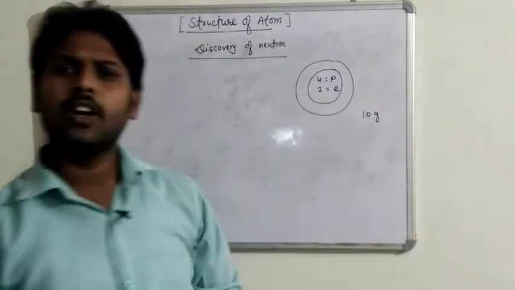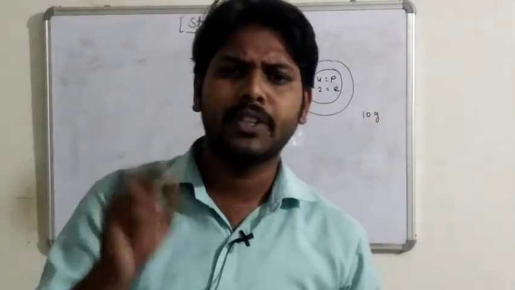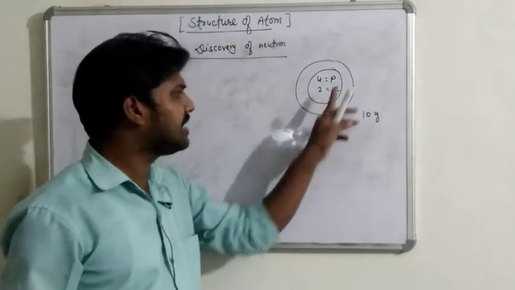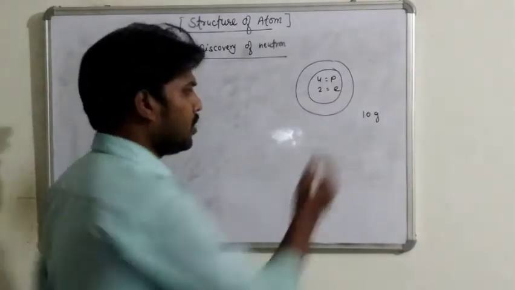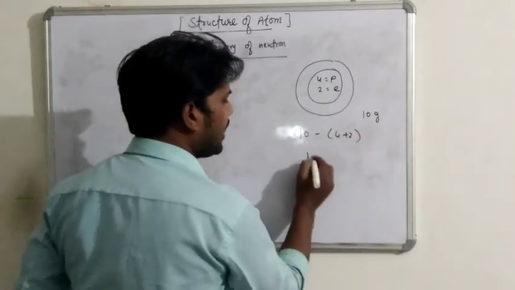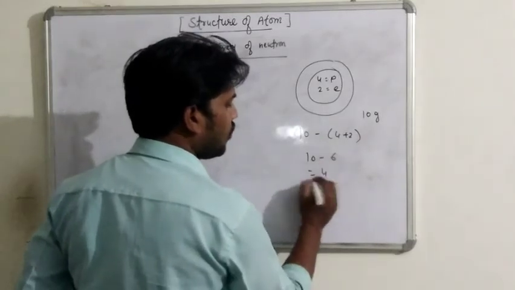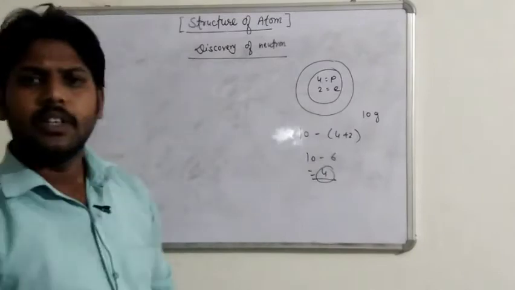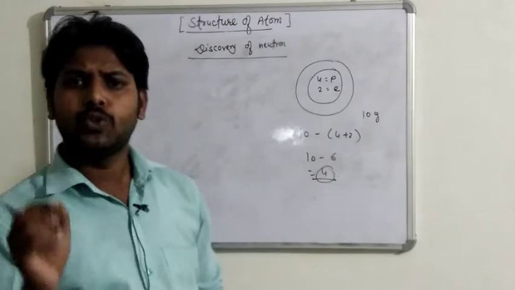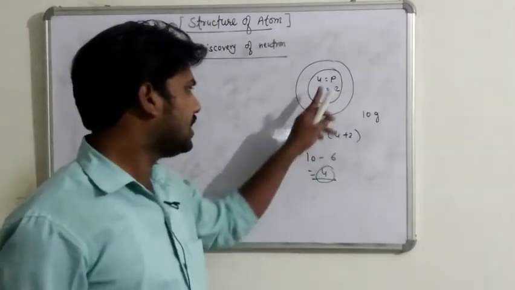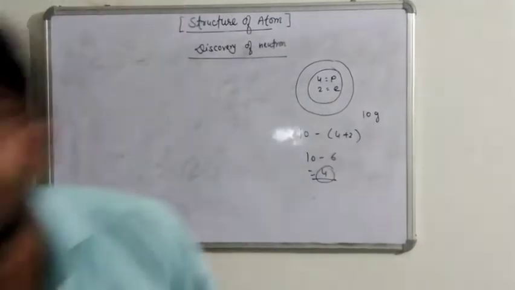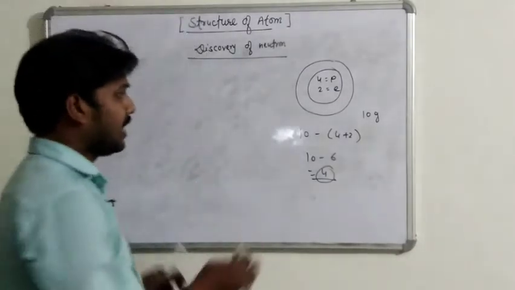It means there are also some other particles present whose mass is nearly the same as that of a proton. Total mass is 10, and 4 plus 2 is 6, so 10 minus 6 is 4. So students, there can also be particles whose mass is nearly the same as that of proton. This was the concept to discover the third particle of the atom, that is neutron.